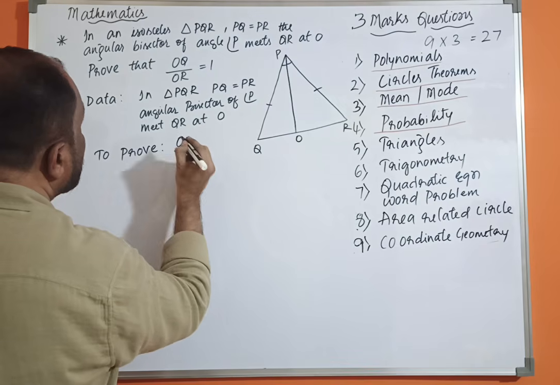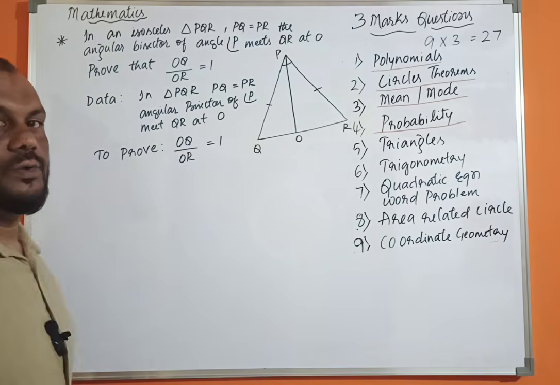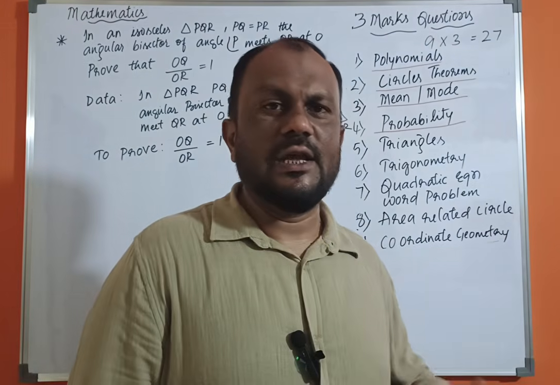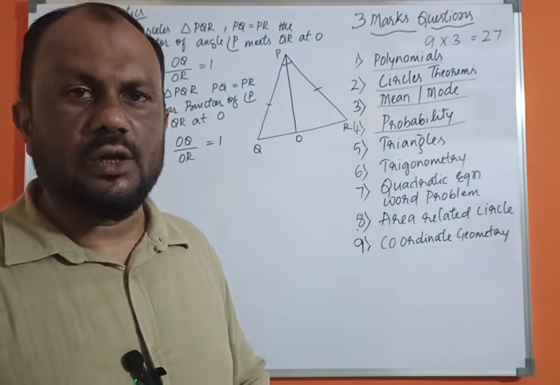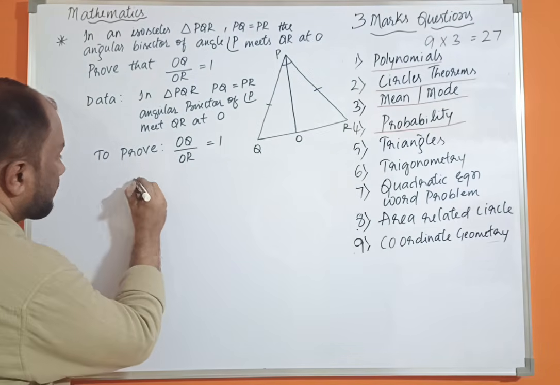OQ divided by OR is equal to 1. So very simple sum, if you recall your 9th standard and 10th standard triangle concepts. So here, let us start. Proof.